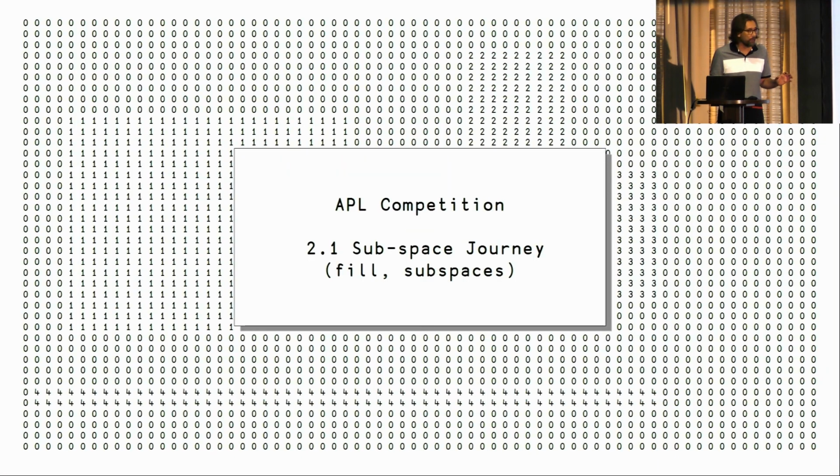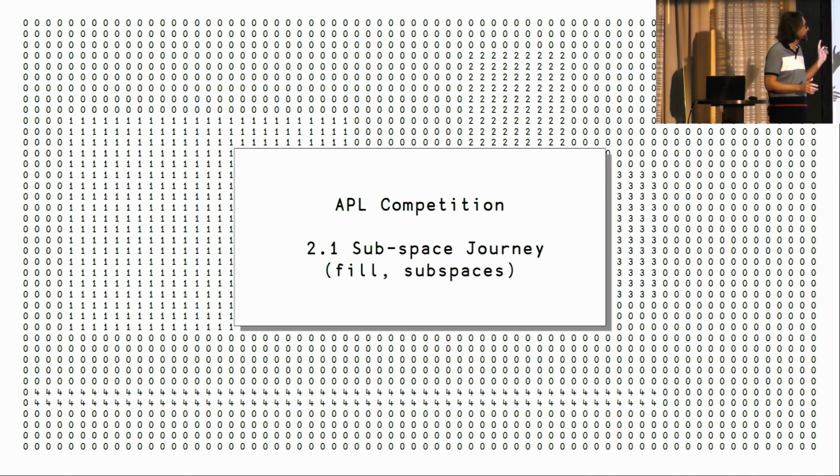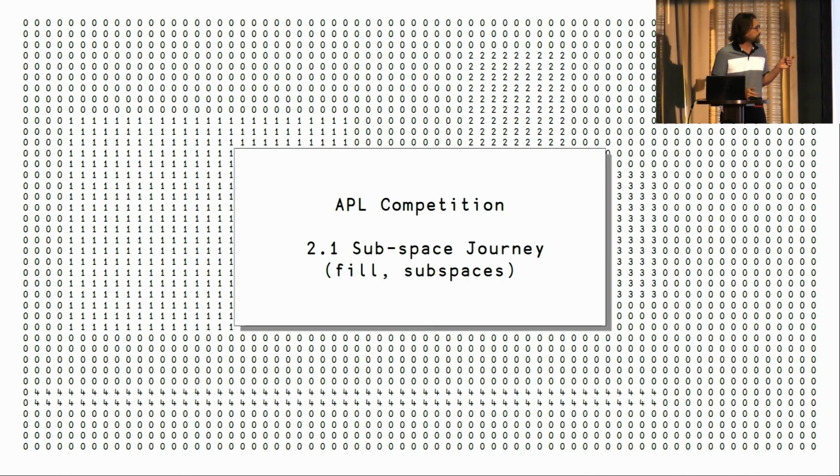The first one was a problem called subspace journey, and it was working with this abstract concept called subspaces, which you can maybe see in the background if the font's not too small. Basically, what you have is a field of zeros, and then within that you have some rectangular fields of 1s and 2s and 3s and 4s, and this is sort of the general aspect of the problem.